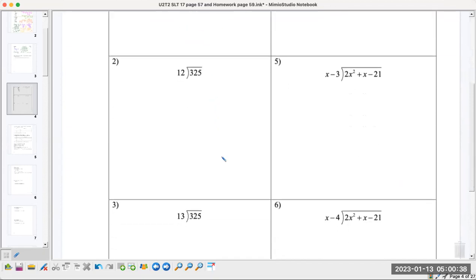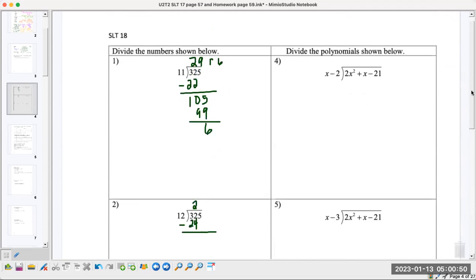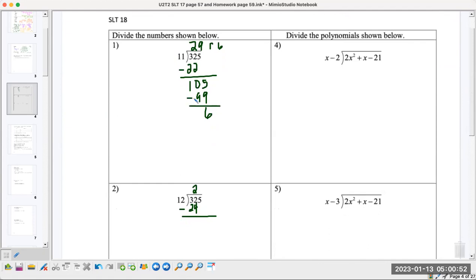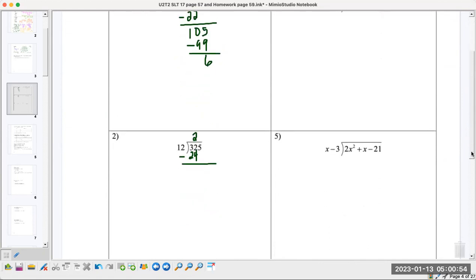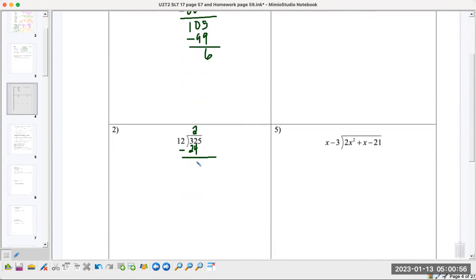You're going to need these answers for the next page. 12 goes into 32 two times. And that's 24. Subtraction there, sorry. And then that's going to be 8, bring down the 5.